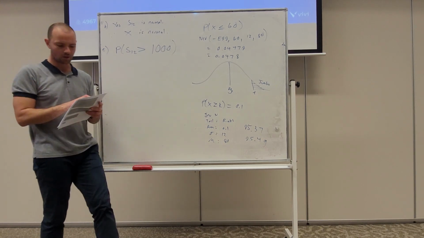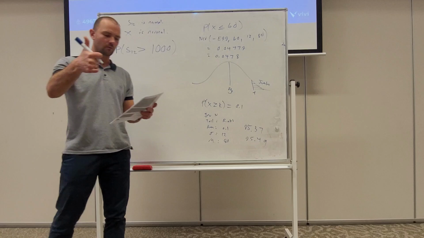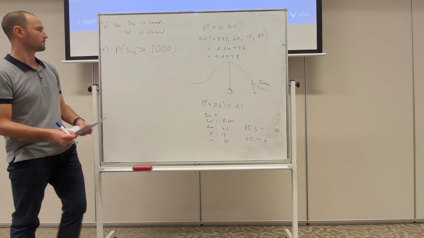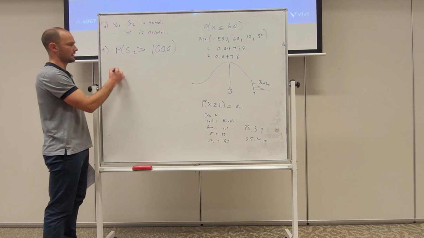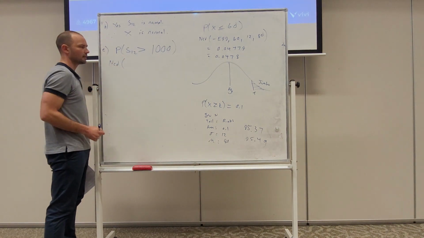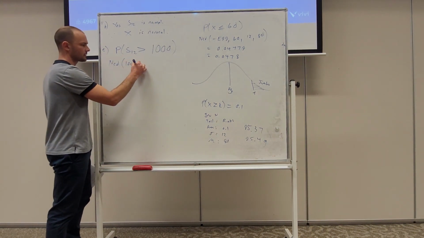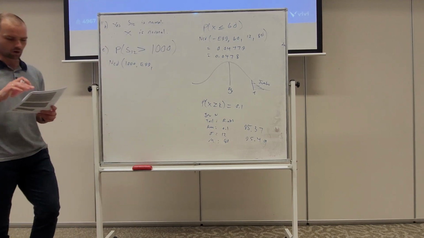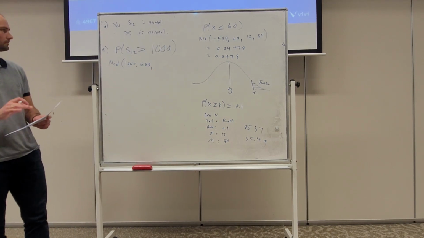We're doing that because the weight of eggs is in grams, and so S12 is going to be in grams. So another NCD calculation, our lower boundary is 1,000, upper boundary is infinity. The standard deviation of 12 eggs added together.